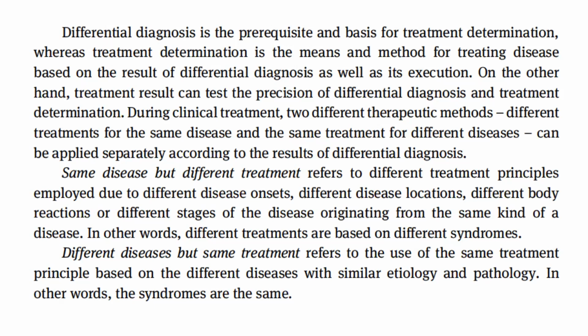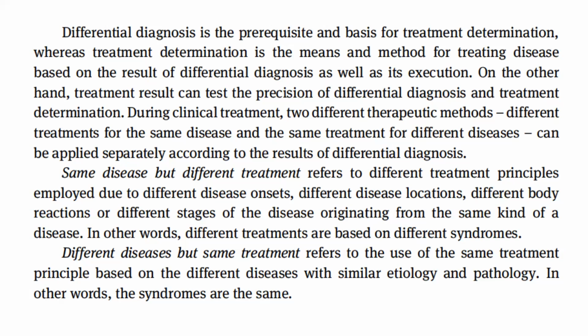During clinical treatment, two different therapeutic methods, different treatments for the same disease and the same treatment for different diseases, can be applied separately according to the results of differential diagnosis. Same disease but different treatment refers to different treatment principles employed due to different disease onsets, different disease locations, different body reactions, or different stages of the disease originating from the same kind of a disease.